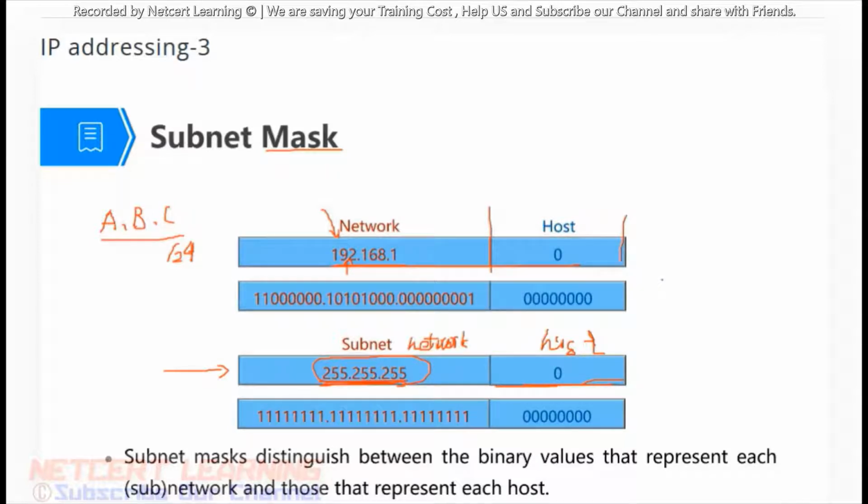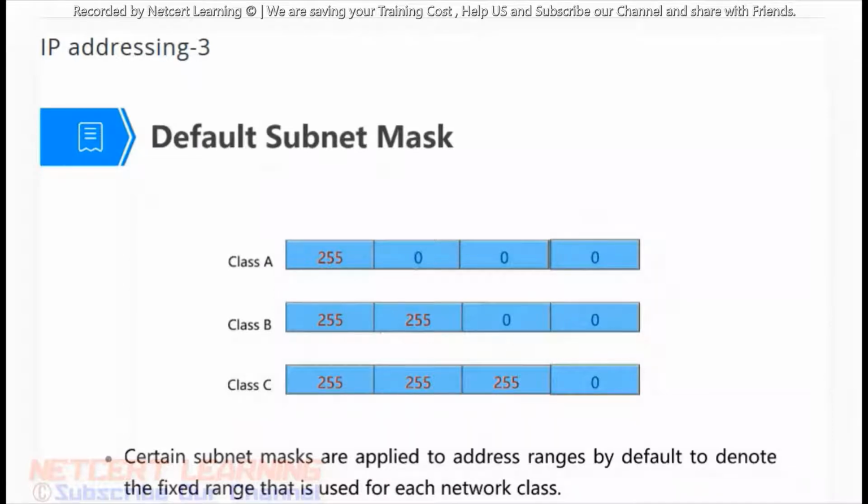So, by default, class A, class B, and class C have a default subnet mask. As we know, in class A, the first 8 bits are the network part, so the mask for class A should be 255.0.0.0.